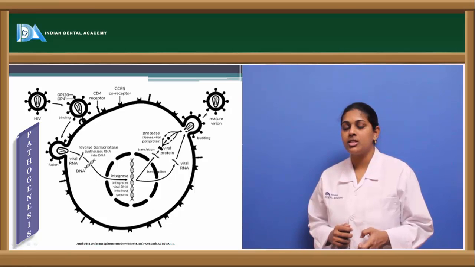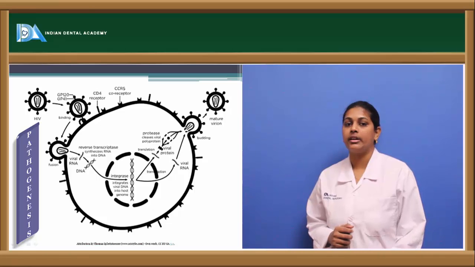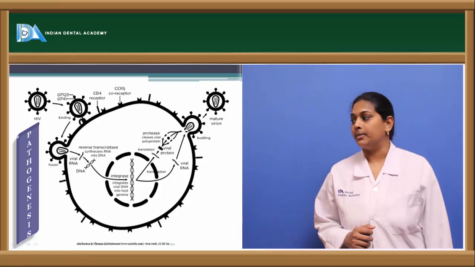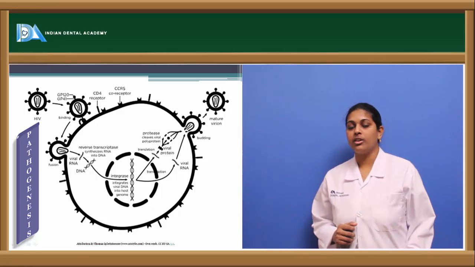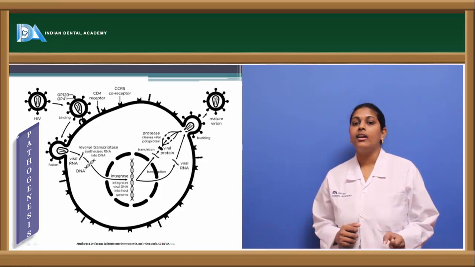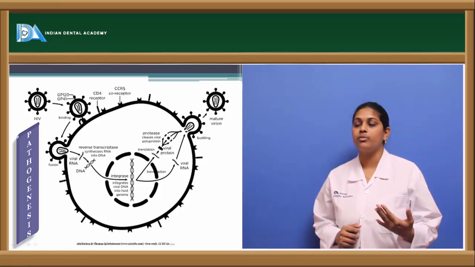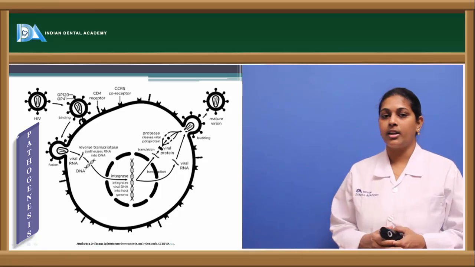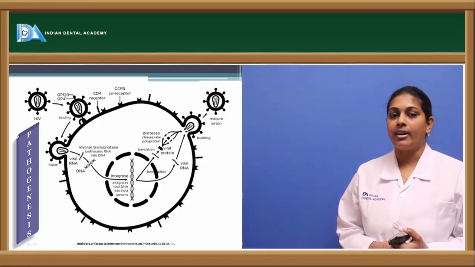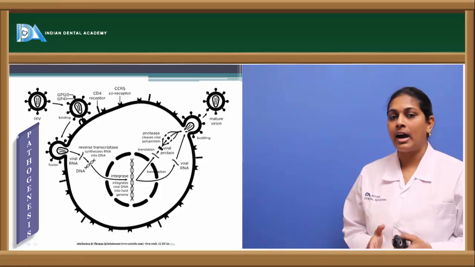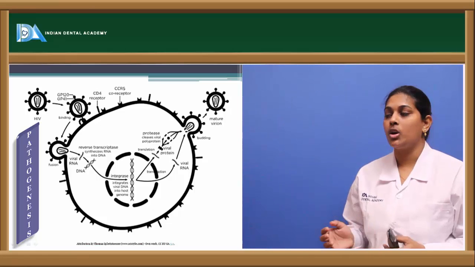Once there is binding of the host cell with the HIV, it starts entering the cell. The first stage is binding, next is fusion with the host cell, then movement, as the main target is the DNA genome, so the viral RNA starts moving towards the host DNA genome.